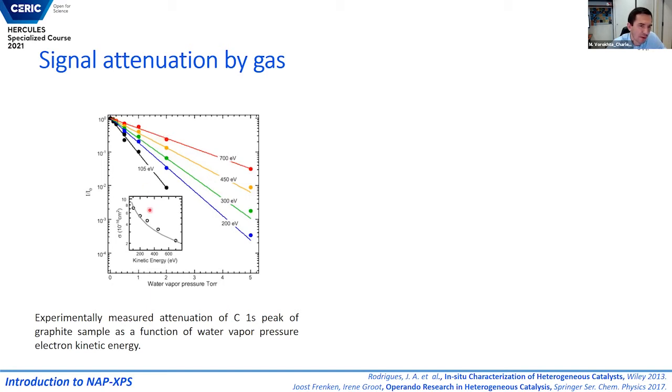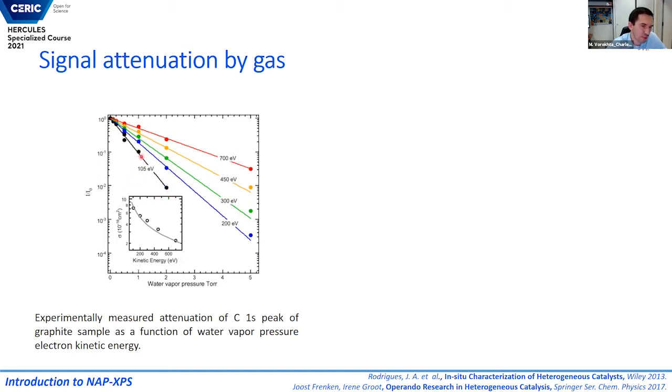However, as soon as you try to use some UV, ultraviolet source, or soft X-ray at a synchrotron, where you have much lower energy, for example, electrons with kinetic energy 100 eV are attenuated quite strongly.